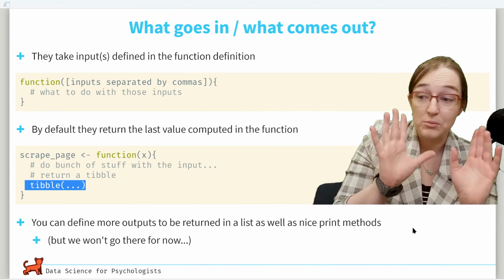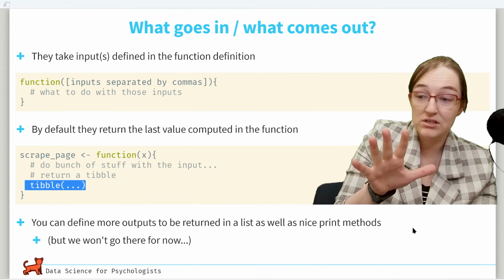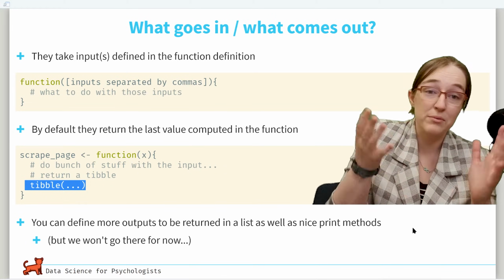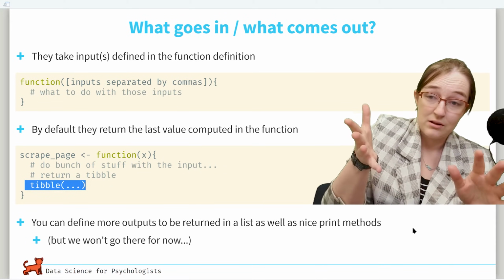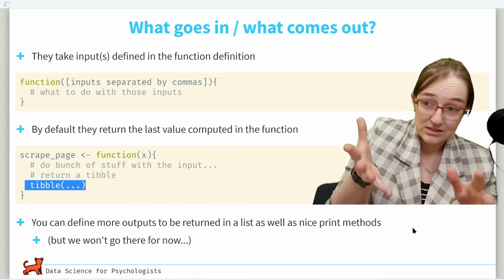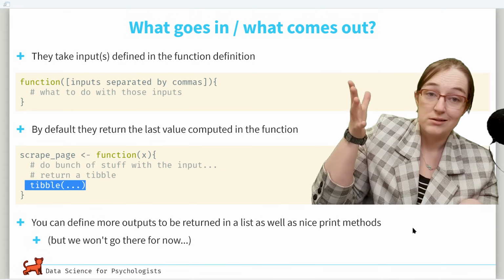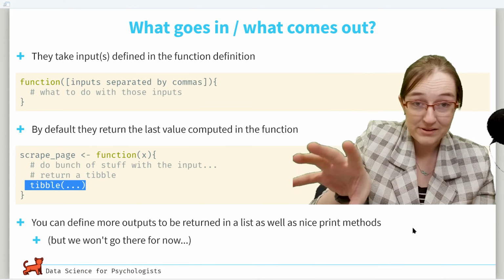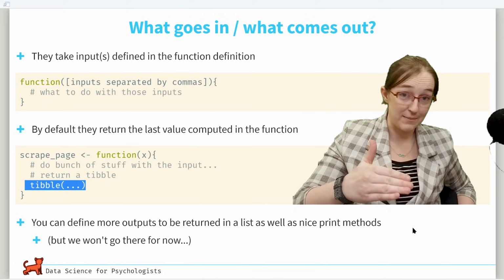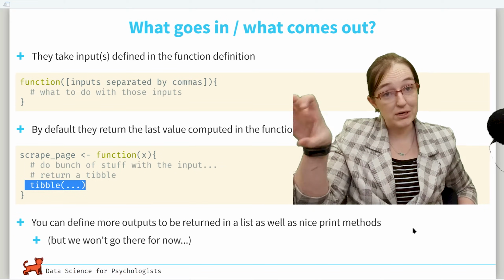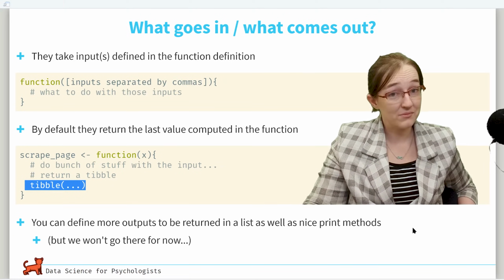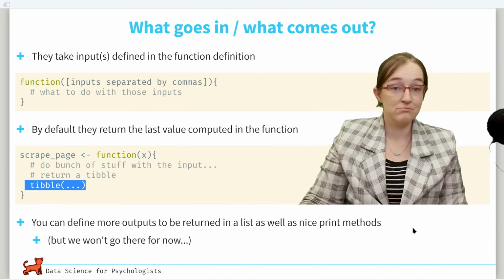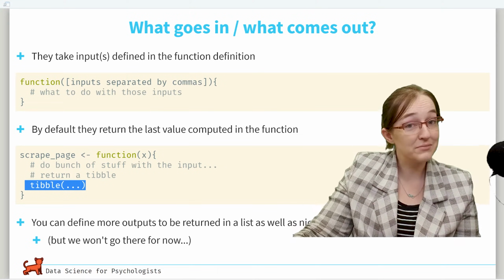So you can define more outputs to be returned as a list as well as with a nicer print method, but we're not going to go there for now. But what is important is to know that these inputs get systematically manipulated with your series of steps that you put into your function. And they come out following those exact same steps.